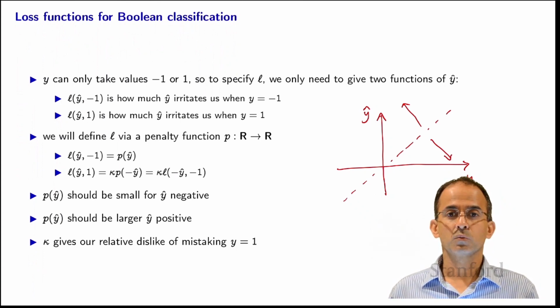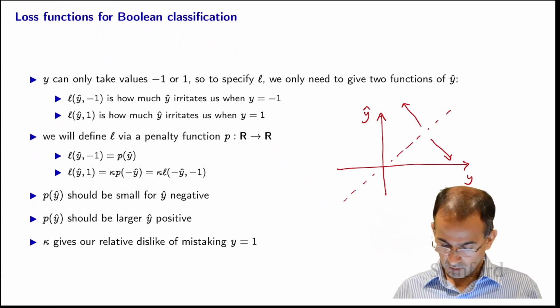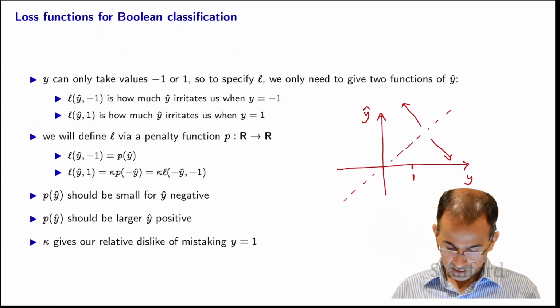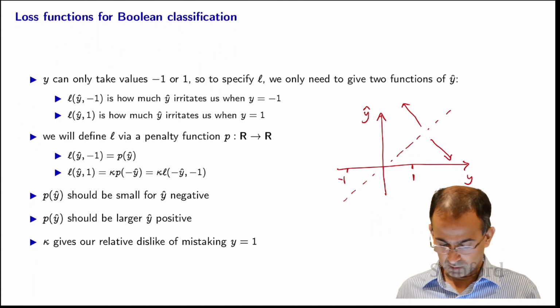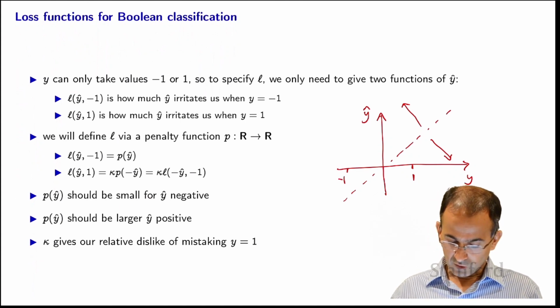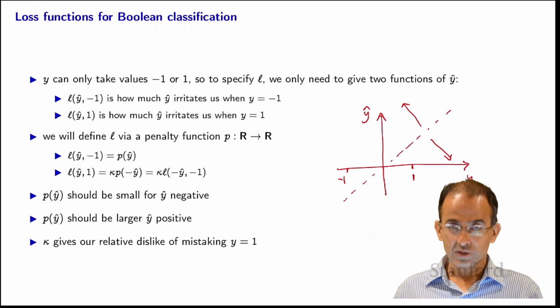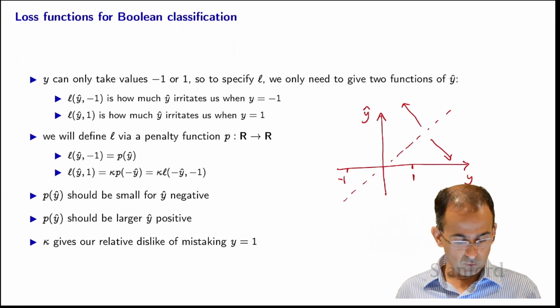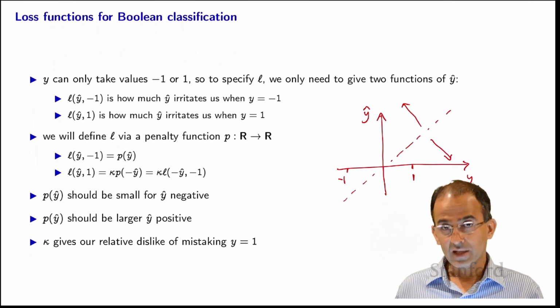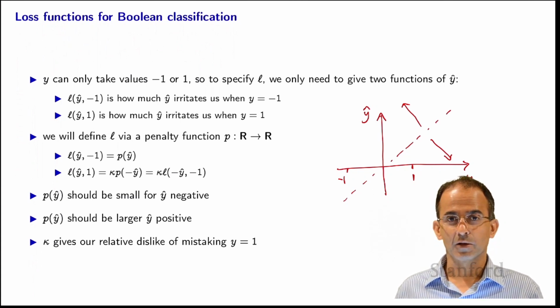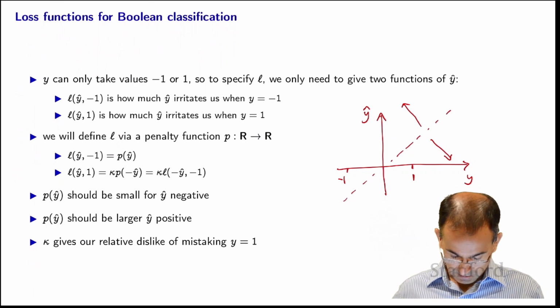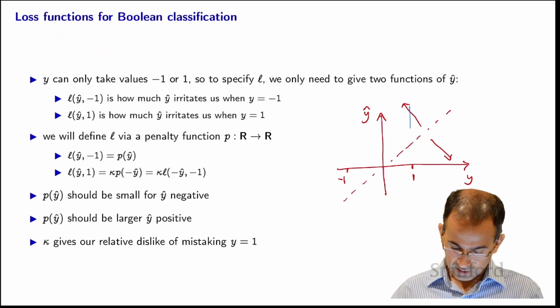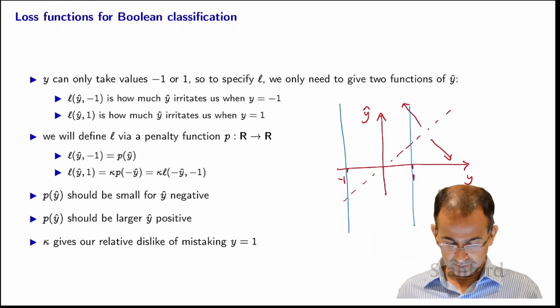But in our case, y only takes two values, y equal to 1 and y equal to minus 1. So I've got a loss function L of y and y hat which in theory is a function of the entire plane, but really y just takes two possible values. And so I really only evaluate the function along this line and along that line.